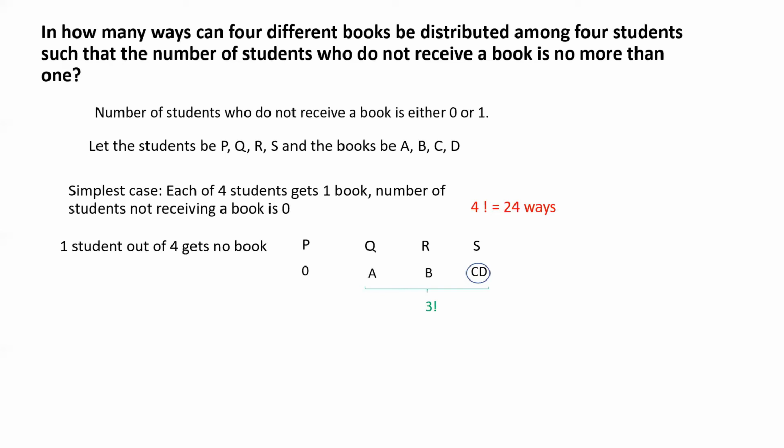But those 2 books could be any 2 out of A, B, C, D. So essentially here we have 4C2, which is factorial 4 divided by factorial 2 multiplied by factorial 2 in the denominator, and when you evaluate this it comes to 6. So we have 6 different ways of choosing the 2 books which go to one particular student out of 4 books.